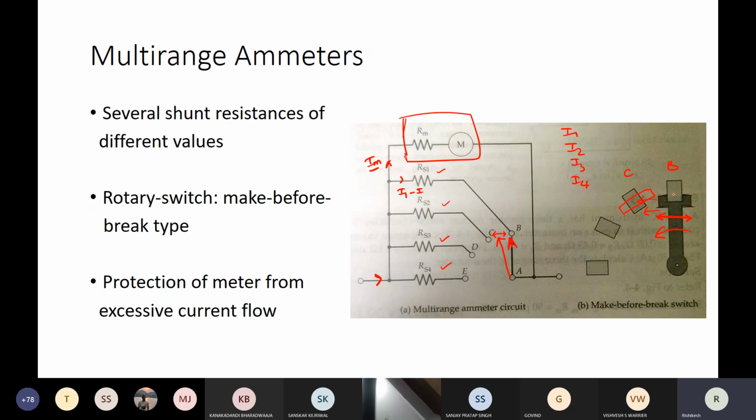Okay, so either the shunt resistance connected at terminal B is there, or the shunt resistance connected at C is there, or in between, the two shunt resistances in parallel combination will be there. So this makes sure that the meter does not take too much current and get damaged. So the meter is protected from excessive current.